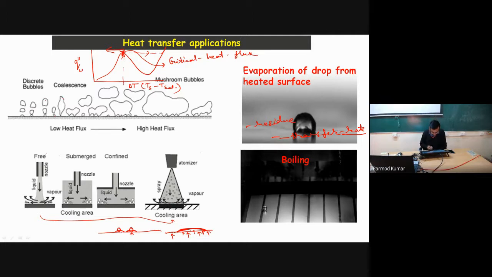So in spray cooling we want our entire surface to be contacted by the liquid. We want these drops to spread more and coalesce with each other to fill the entire surface with a layer of liquid.